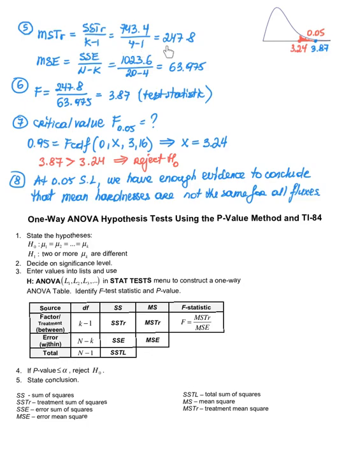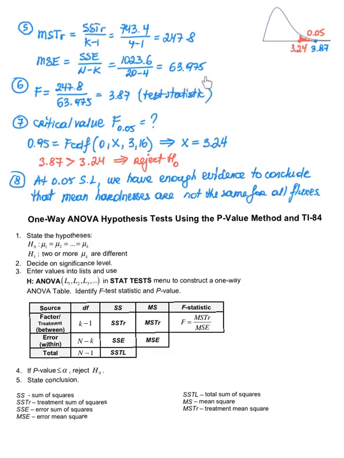This results in 247.8. Similarly, MSE is equal to SSE divided by uppercase N minus k. In our case, it is 1023.6 divided by 20, because there are 20 elements in all samples together, minus 4, which is the number of samples. And that gives me 63.975.